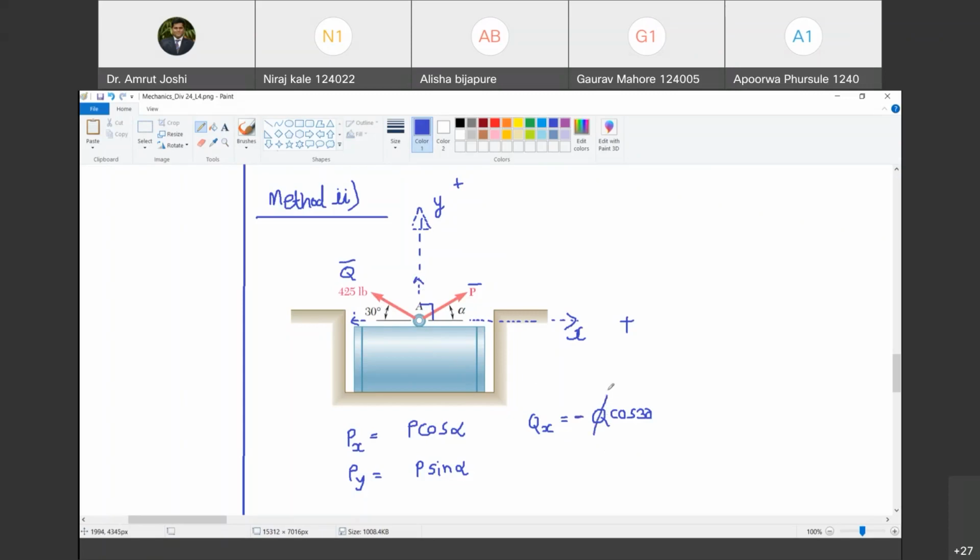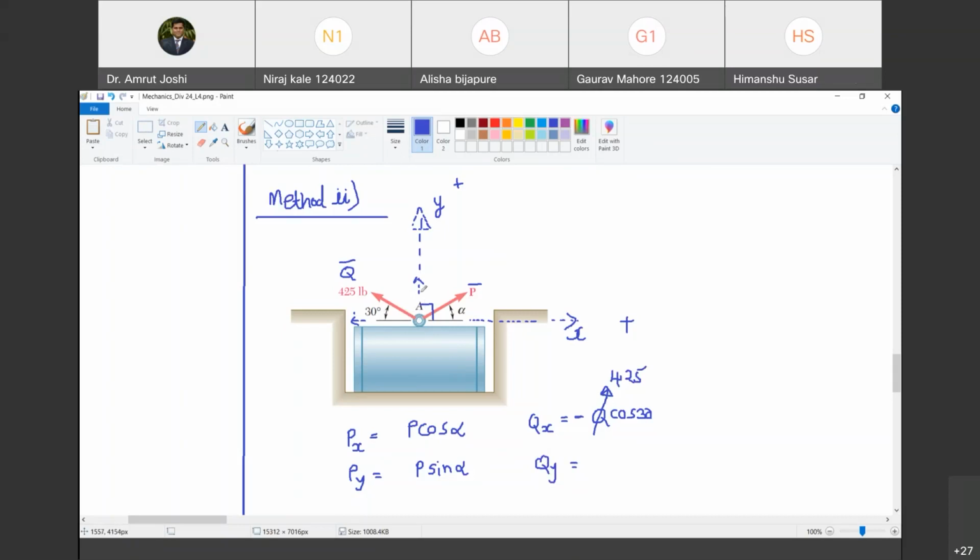And what is the value of Q? Value of Q is 425. Great. What is the Y component of Q? Now, this Q's Y component is going to be directed upward. Always keep in mind, for the addition to be 425, the components must be such that the parallelogram or rectangle completed will give you the 425 pound as addition.